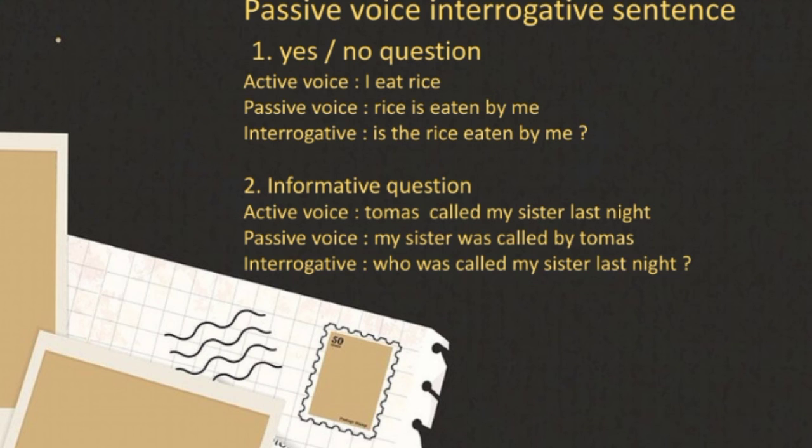The informative question that you usually use for a thing is what. So for the first step, we put what at the front of the sentence, and then we move the to be after what, and after that we use the past participle or verb 3. And after that, don't forget to use the preposition by and the object. So the question form becomes: "What was read by me?"